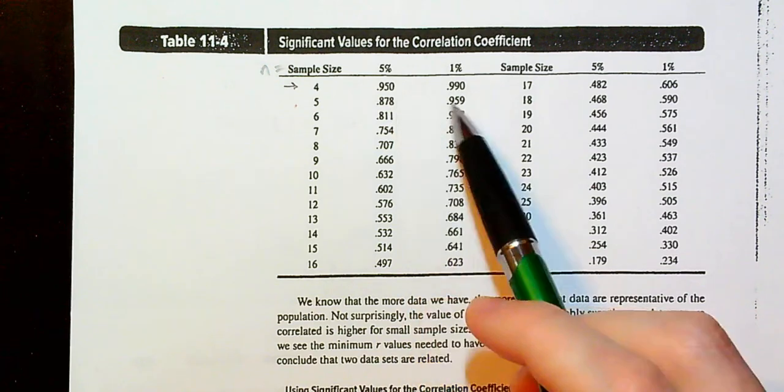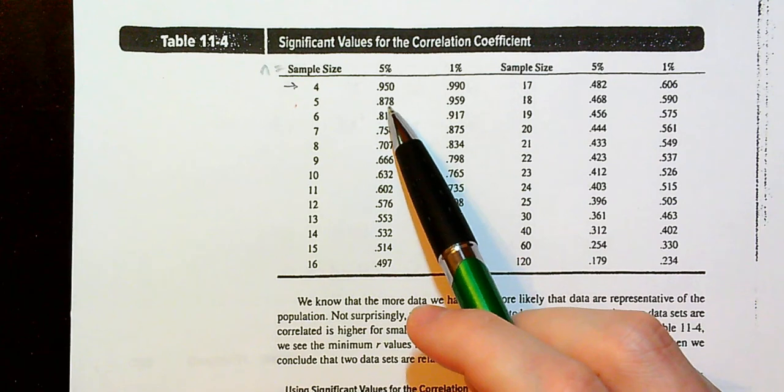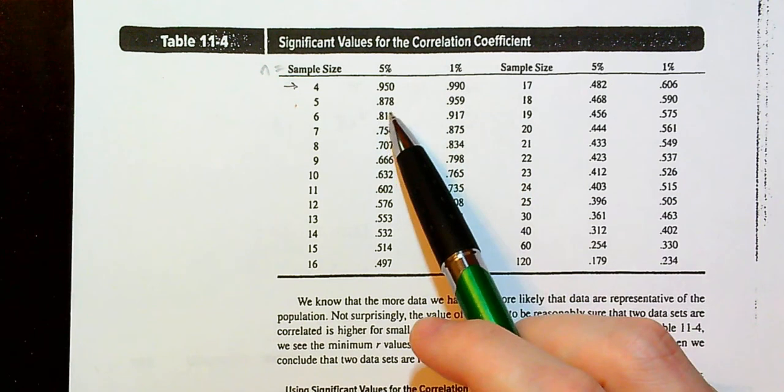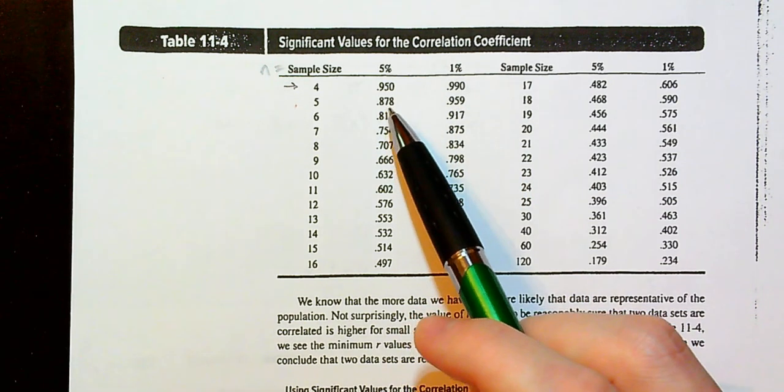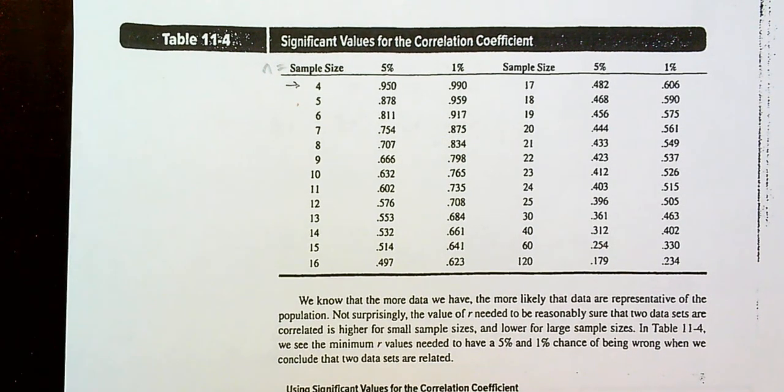And as it turns out, our R value of 0.93 is greater than the 0.878. Not as large as the 0.959, but it is larger than this guy. So yes, we can be very confident that these two quantities, x and y, whatever they are, are indeed linearly related to each other.